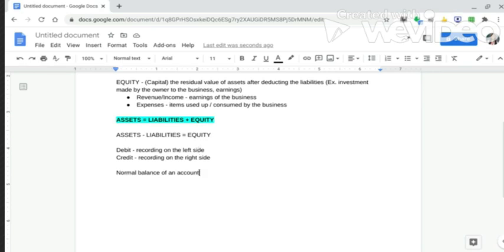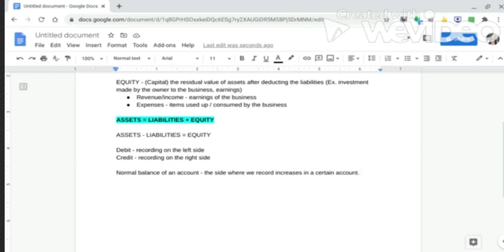So when you say normal balance of an account, this is the side where we record increases in a certain account. Okay. So for example, if you know the debit credit theory, 'di ba?